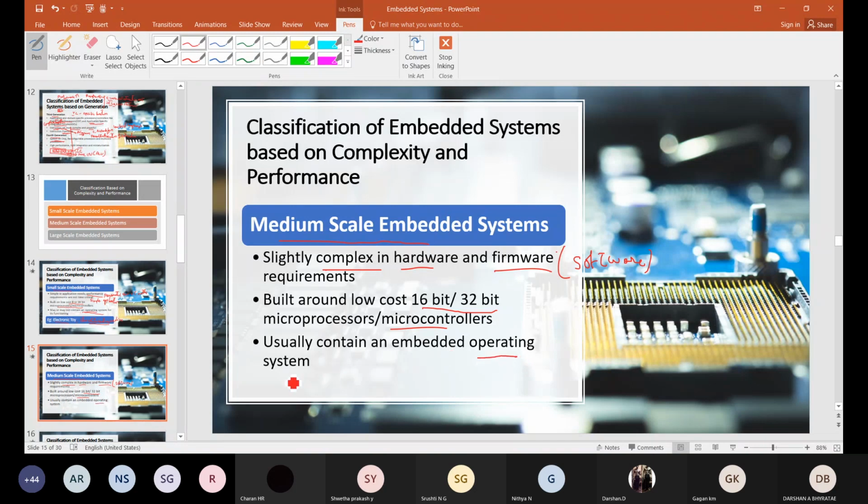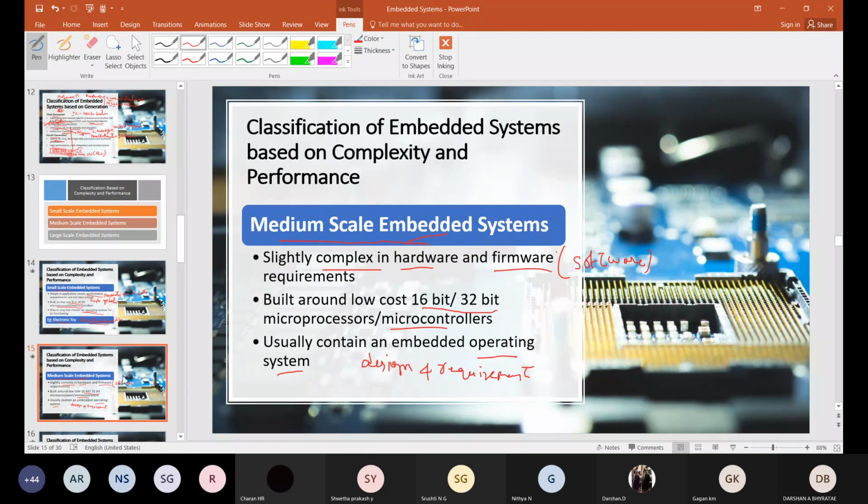It depends on the requirement. We can use the OS in my embedded system application depending on the design and requirement. Based on the design and requirement, we can use or we cannot use the OS in the medium scale embedded system here.